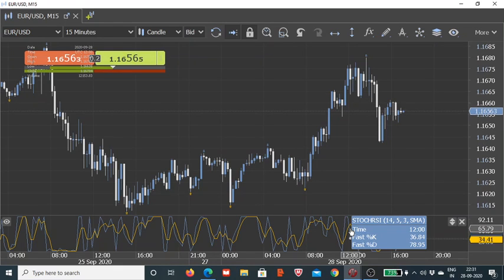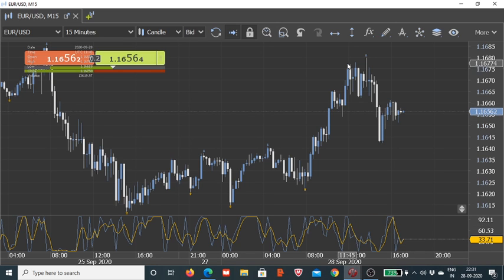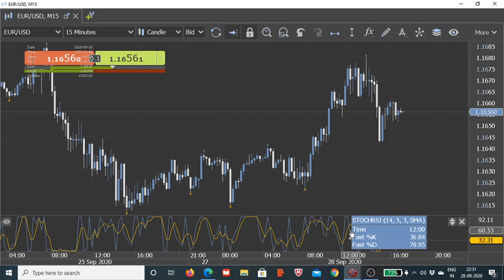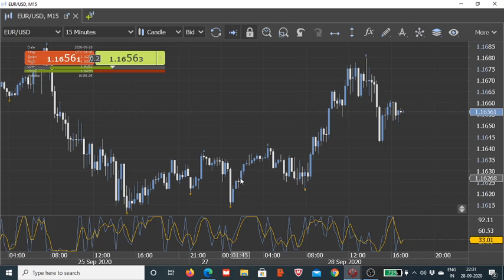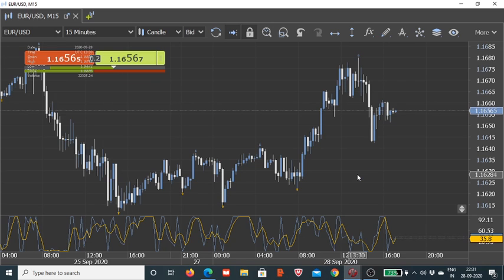But as I said just a while back, we have to be careful that this indicator might also end up misleading us. So we have to keep track of that as well, and use this indicator in conjunction with other trend identifying indicators.